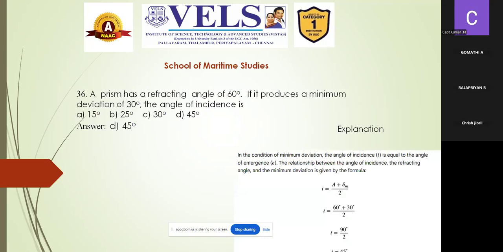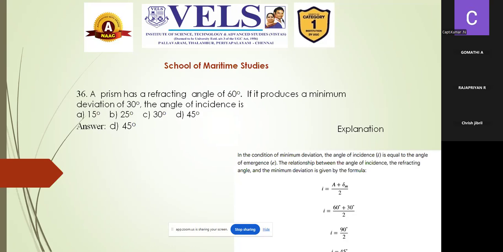Our next question is, a prism has a refracting angle of 60 degrees. If it produces a minimum deviation of 30 degrees, what is the angle of incidence? A means the refracting angle, which is equal to 60.